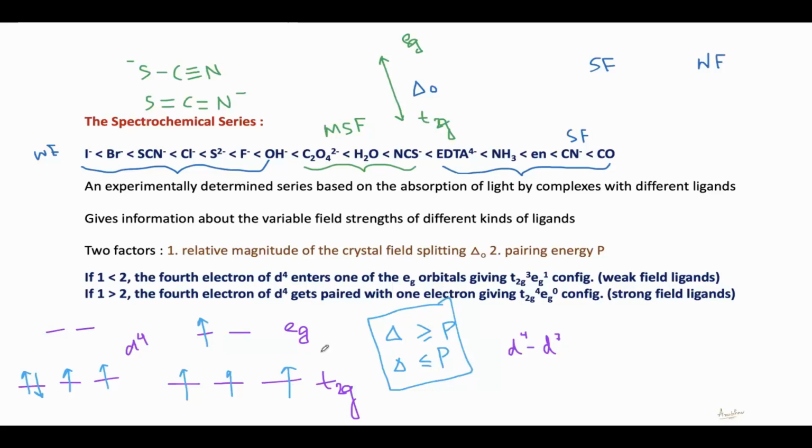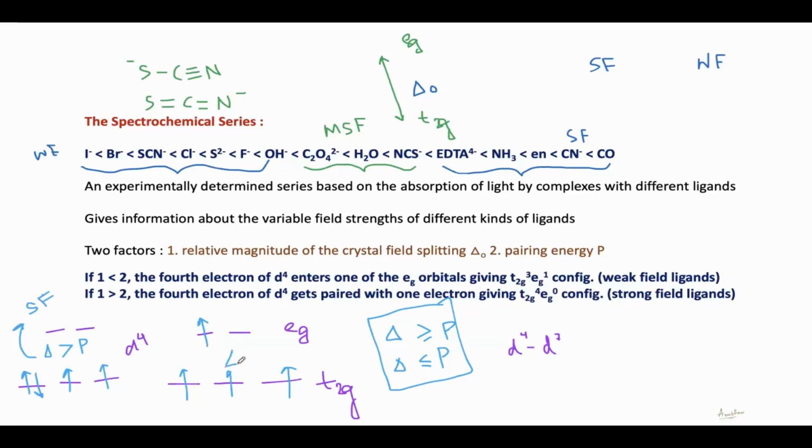Now the pairing energy represents the energy which is required for pairing electrons in a single orbital. You see two electrons are paired up here. So when delta is high, or greater than the pairing energy, then the pairing will occur, because for pairing, less energy is required. Delta will be high in case of the strong field ligands.